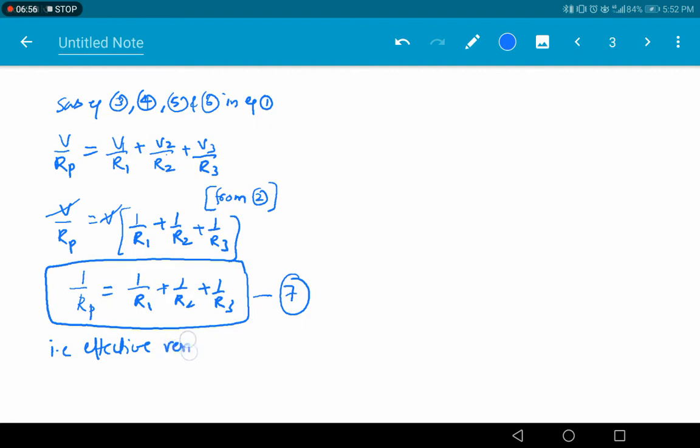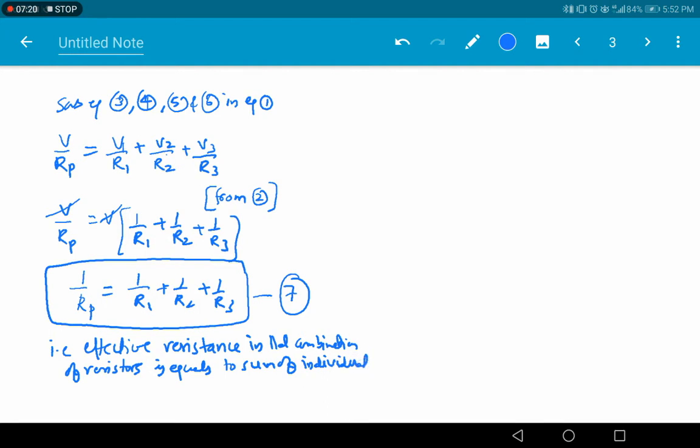So: the effective resistance in parallel combination of resistors is equal to the sum of the reciprocals of the individual resistances of the resistors.